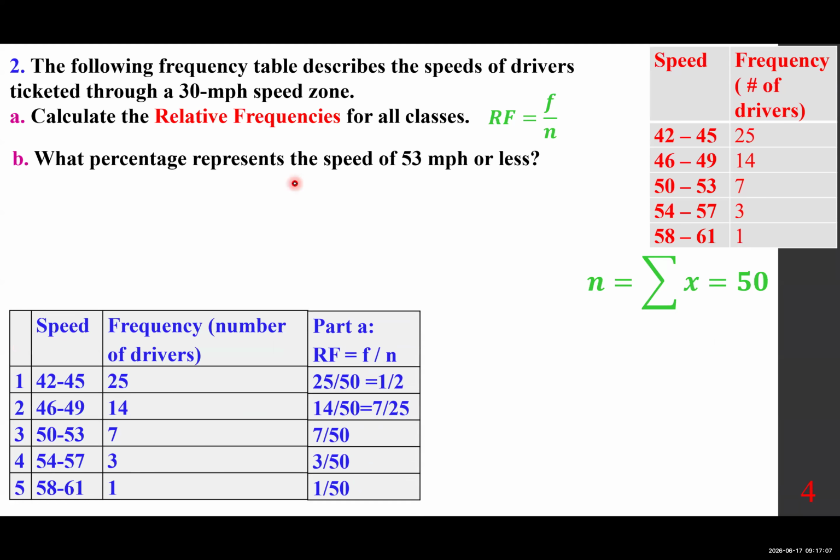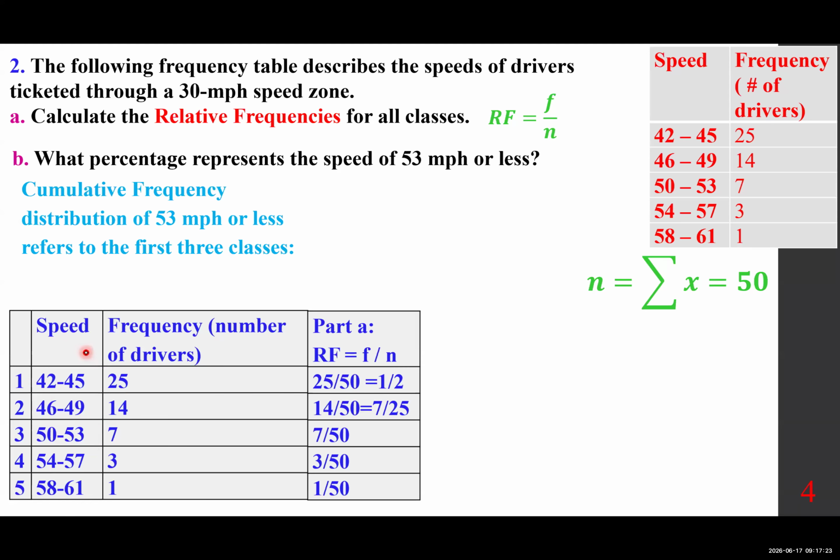What percentage represents the speed of 53 miles per hour or less? Well, 42 to 45, 46 to 49, 50 to 53, all the way to here. So we need all of those, and we're going to mention cumulative frequency distribution of 53 miles per hour or less refers to the first 3 classes. Therefore, because we want the percentage, we can add these 3 numbers. Okay, and we get 0.92.